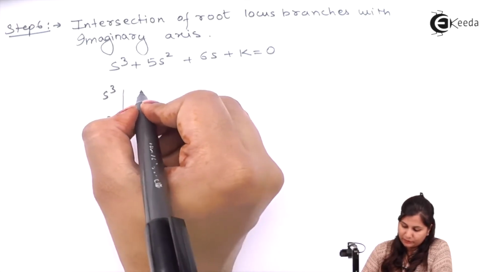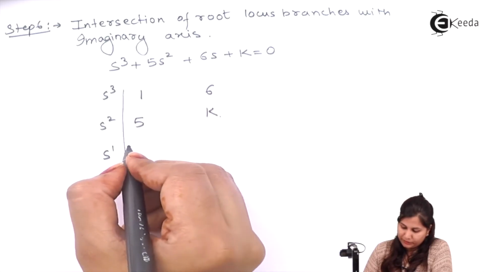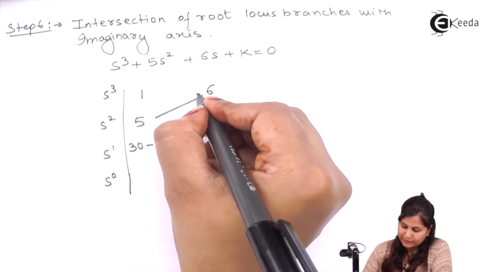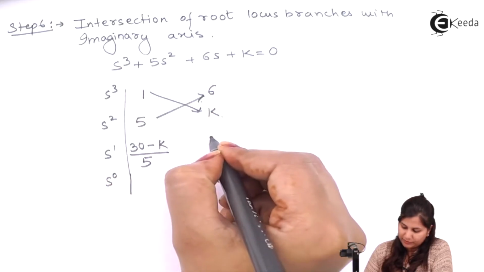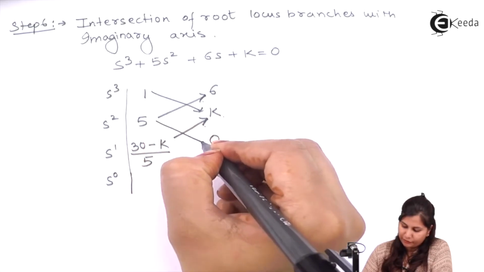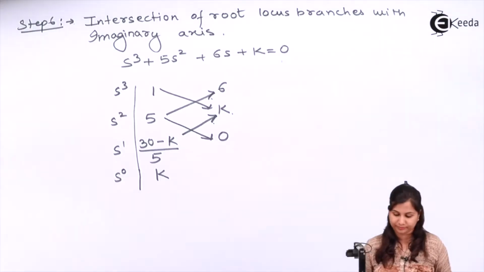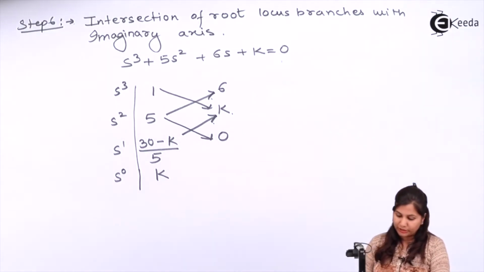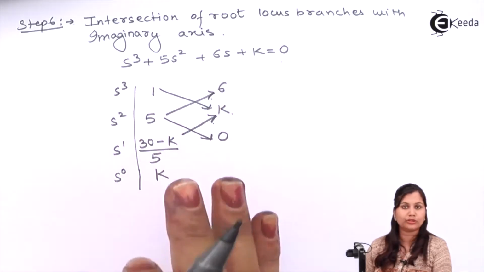The coefficient of s cube is 1, then 6, here 5 and k. So it will be (30 minus k) upon 5, since 5 times 6 is 30. Then 30 minus k into this, and 5 into 0 is 0. So here we will get k. So this is the Routh stability criterion. We have formed the Routh array.